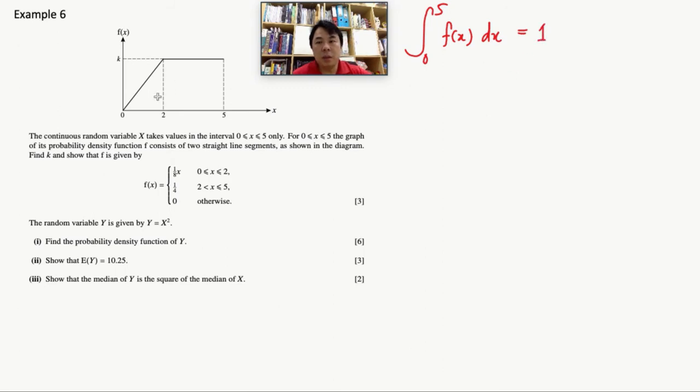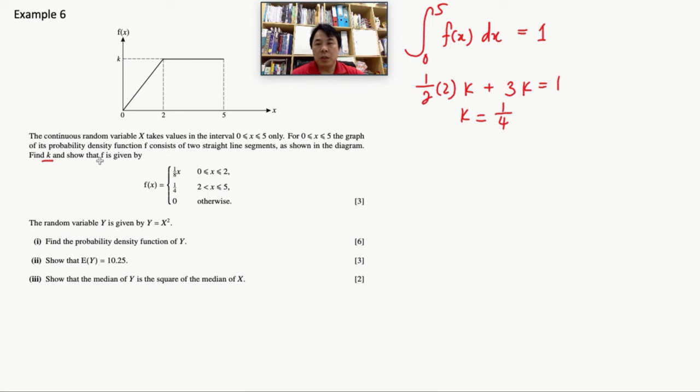Indirectly, it means the area under the graph. Now that is typically a half multiplied by 2 multiplied by k here. That is the area of a triangle. And then you can add up the area for the rectangle here. So we have 3 multiplied by k is equal to 1. Therefore k must be equal to a quarter. Okay, so I hope that is clear. That's how we find the k easily.